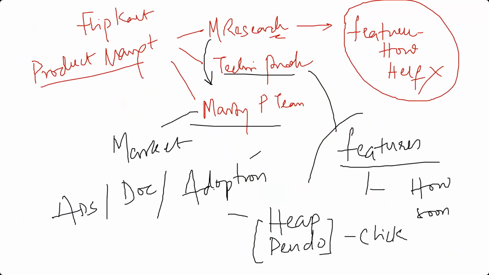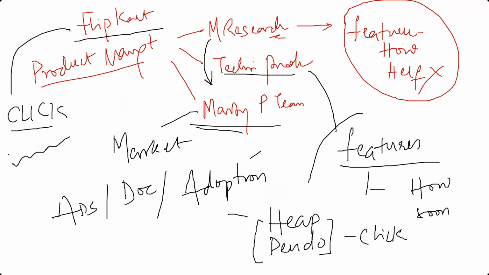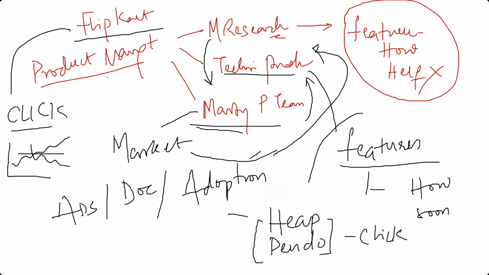For example, Flipkart has introduced a login page, but how many people are successfully able to log in? How many people are not able to log in? That info is typically captured using click data. They capture the clicks in the user browser, and this marketing team will look at the adoption rate. Is it increasing or decreasing, are people able to understand the page? And they share this feedback with the other teams. This is typically how a product management team works.